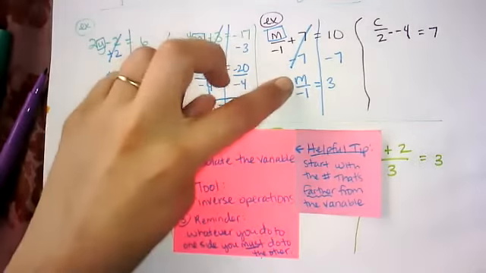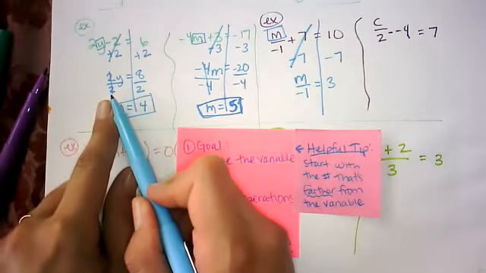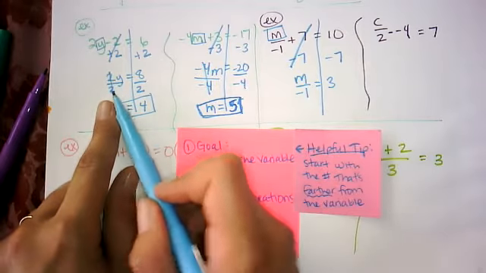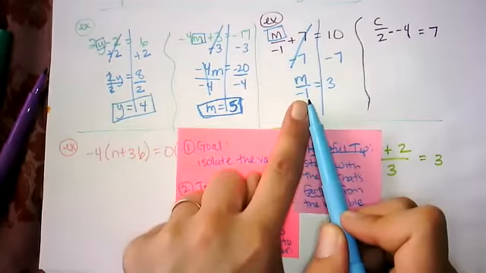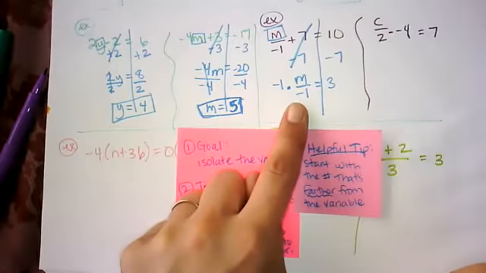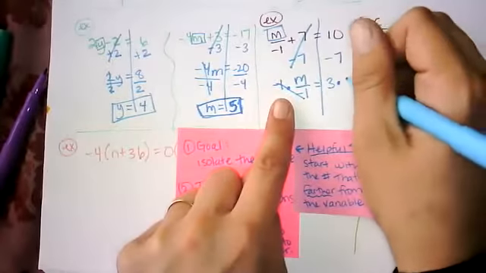Now it's saying m divided by negative 1. When it was 2 times y, I had to divide by 2 to get rid of it: I had a 2 on the top and a 2 on the bottom, and they canceled out. Here, I have a negative 1 on the bottom, so I put a negative 1 on top by multiplying. So these cancel out, and whatever I do to one side, I have to do to the other.